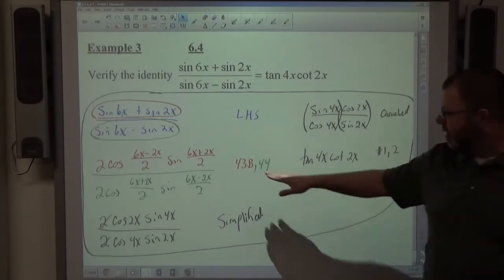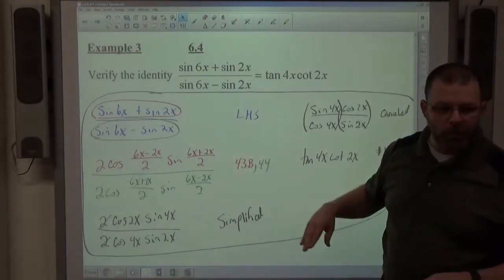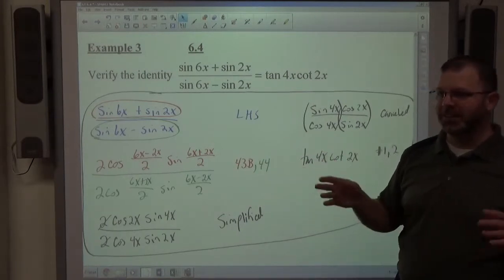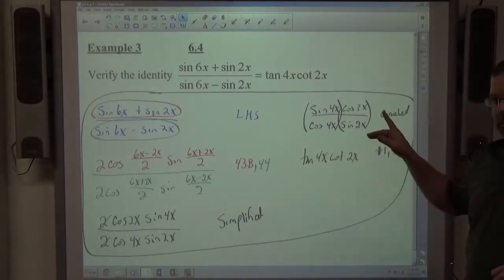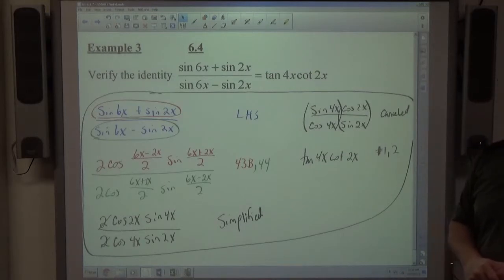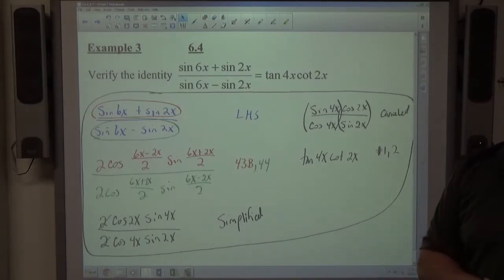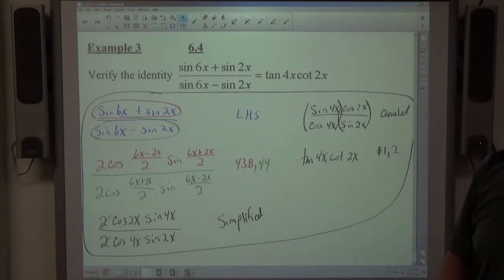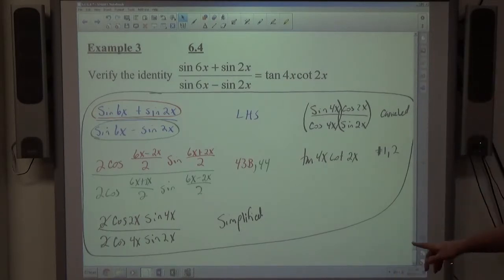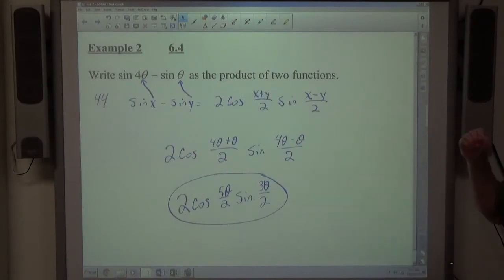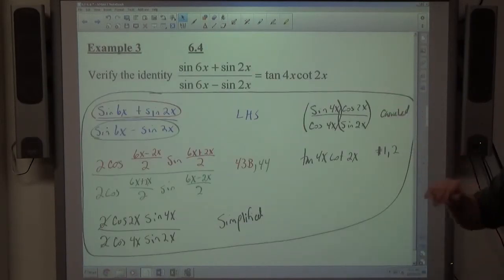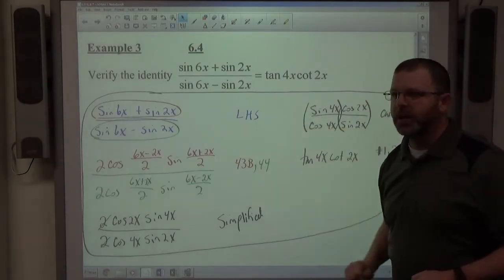Just know that these 41 through 46 with the 43A and B, because I didn't number it properly, those will be on there too. So just be aware that expect those structures to show up, and be looking for those when you're doing the identities. And again, if you're just trying to rewrite it, of course, just rewrite it, but if it says verify, make sure you give me a reason why you did each step.